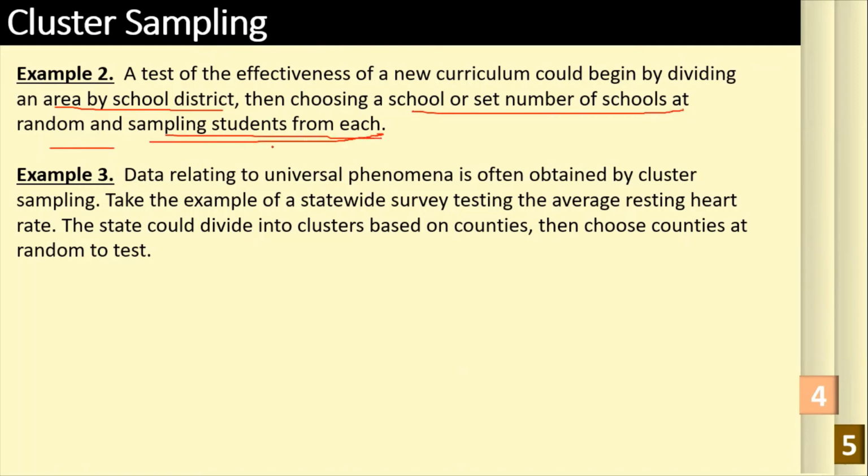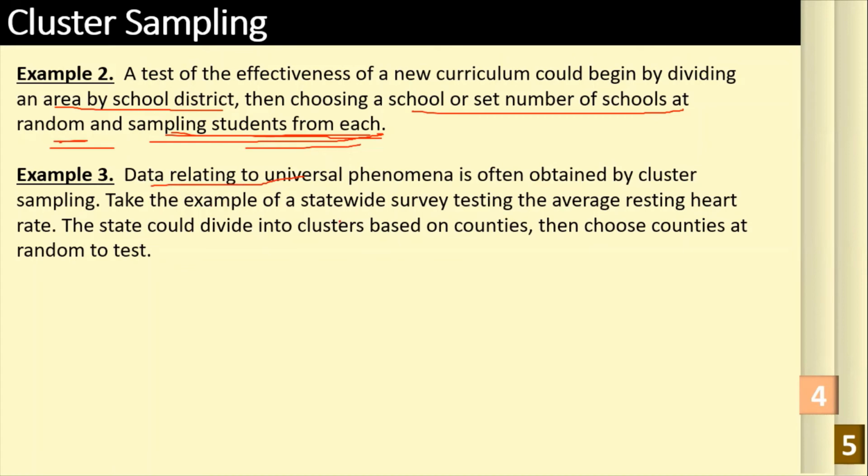Instead na ang whole students from each chosen cluster, nagsampling na po siya otro sa mga estudyante from each cluster. So next, data relating to universal phenomena is often obtained by cluster sampling.